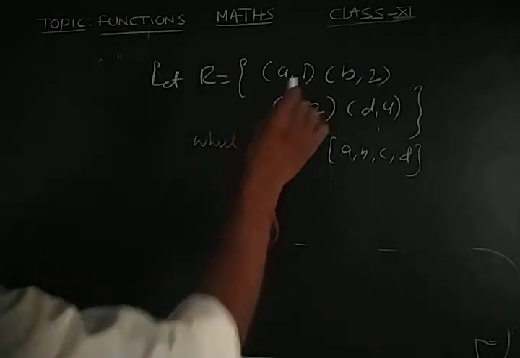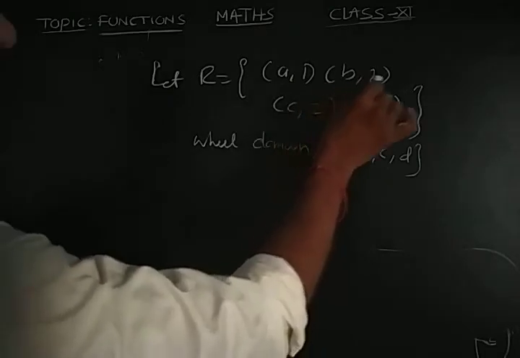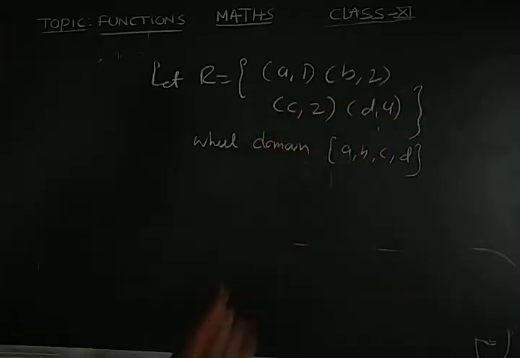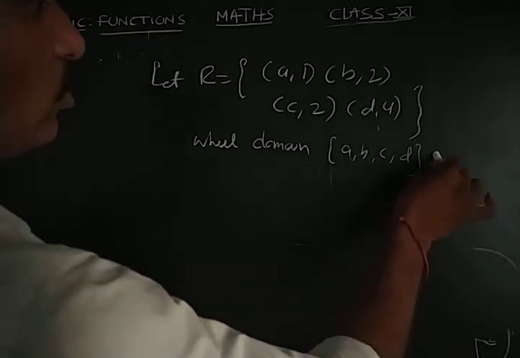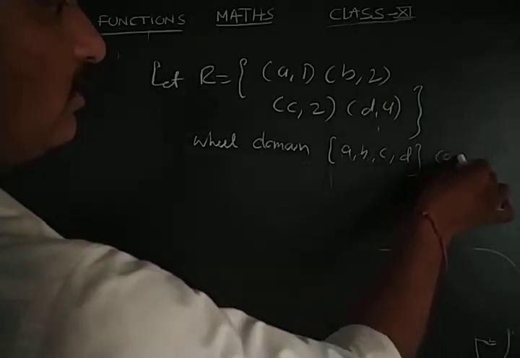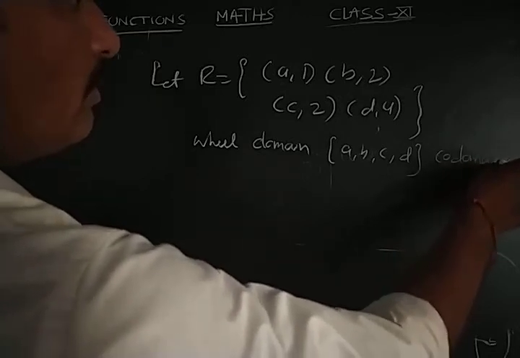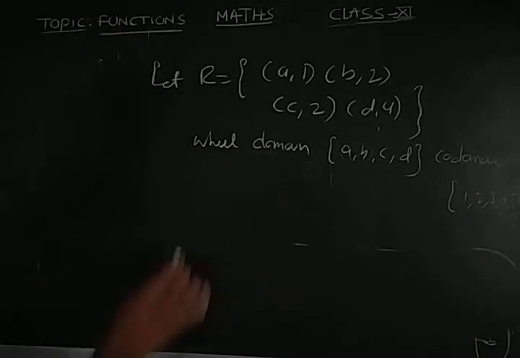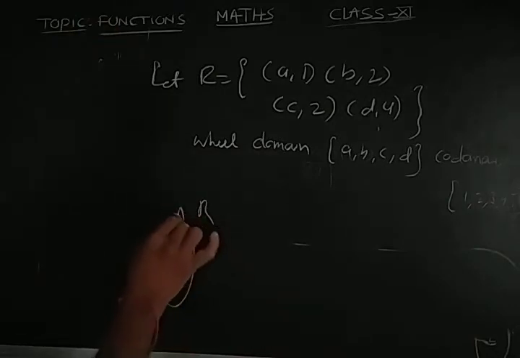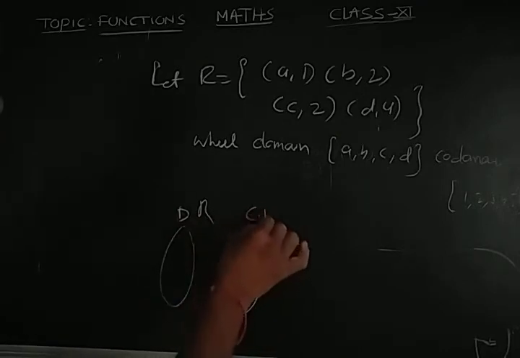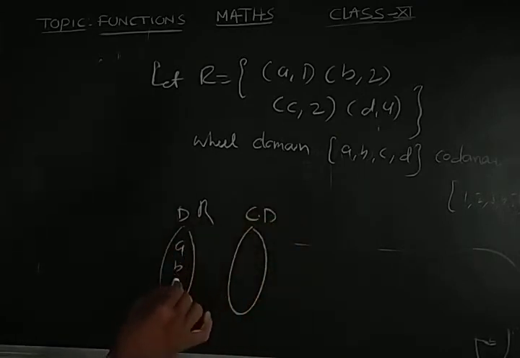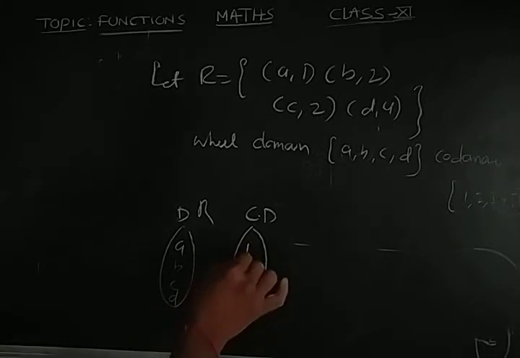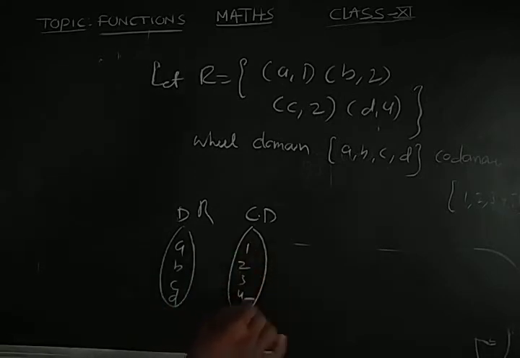Here check: A is related with 1, B related with 2, C related with 2, D related with 4. I will take the codomain as 1, 2, 3, 4, 5. Okay, now let me check. This is the domain, having elements A, B, C, D, and this is the codomain, having elements 1, 2, 3, 4, 5.